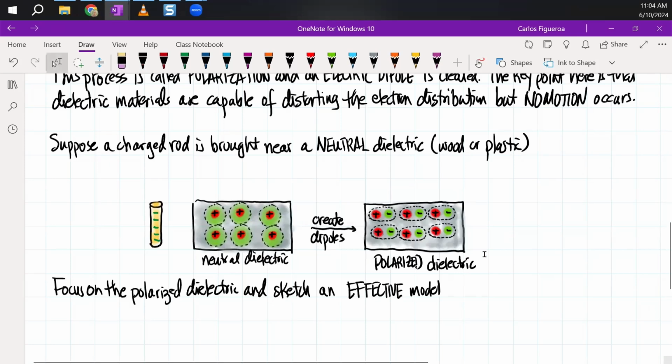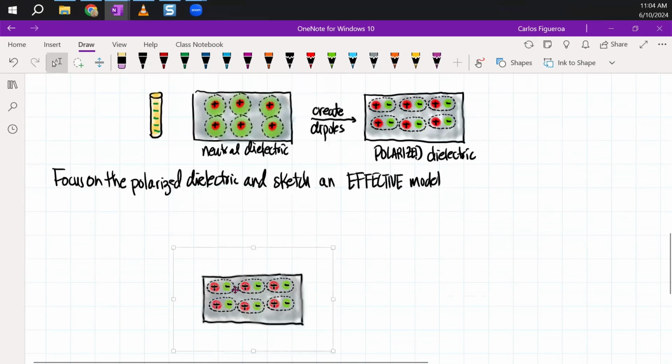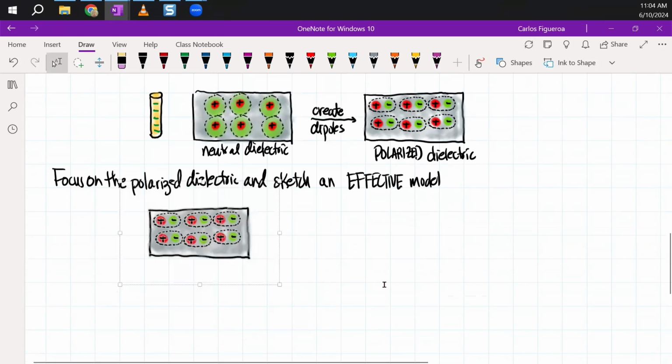So there's a couple of things that you should try to think about here. Now remember, if I was to look at the overall charges, it is still neutral. And what I mean by this is that I want you to think about the following picture here.